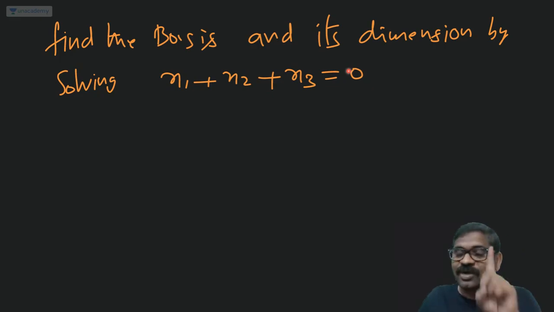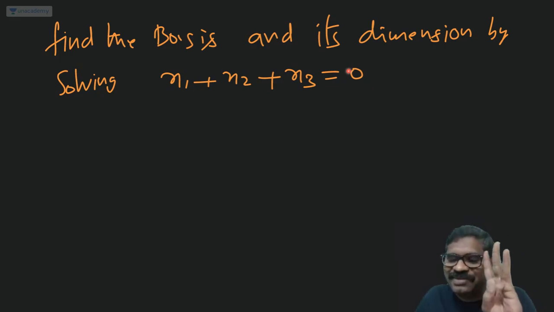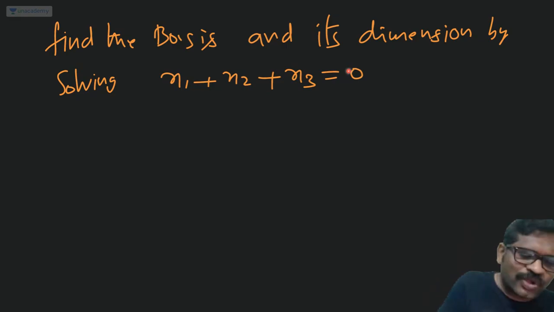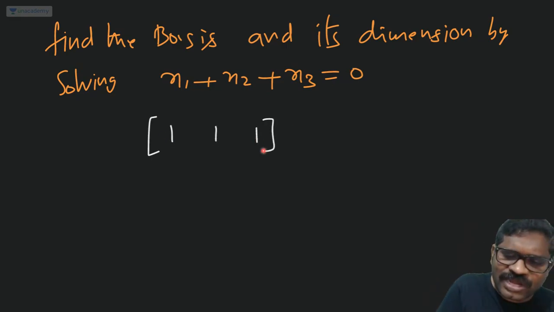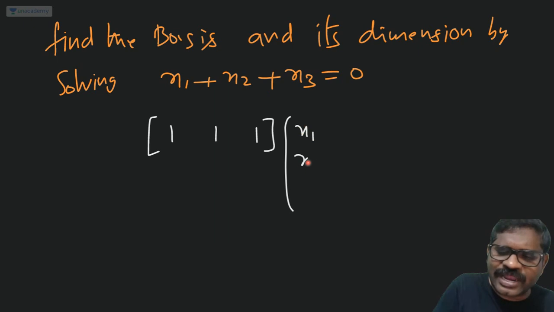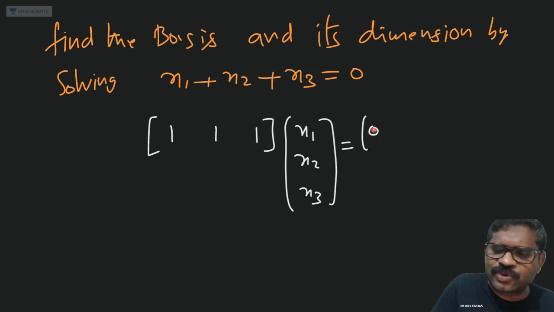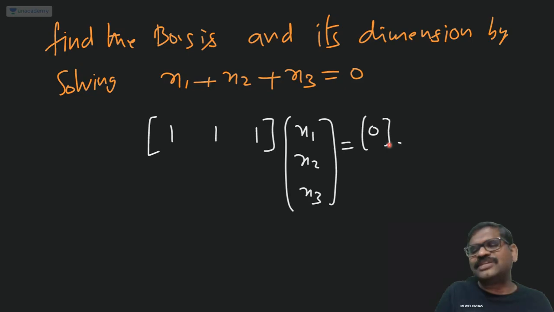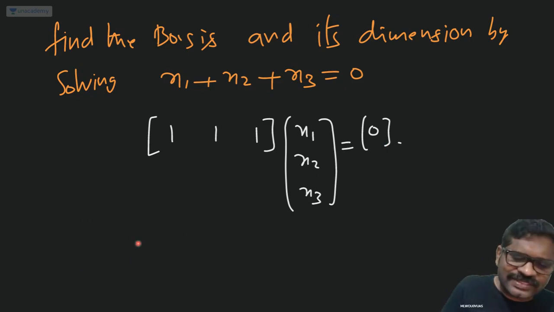Observe here, only one equation, 3 variables. So, if you write in matrix form: 1, 1, 1, times x1, x2, x3 equal to 0. What is the rank? Rank is 1.